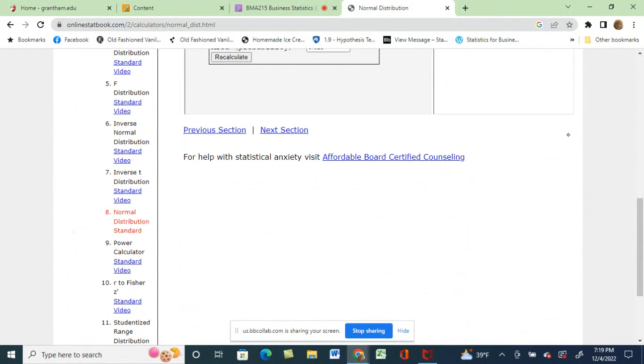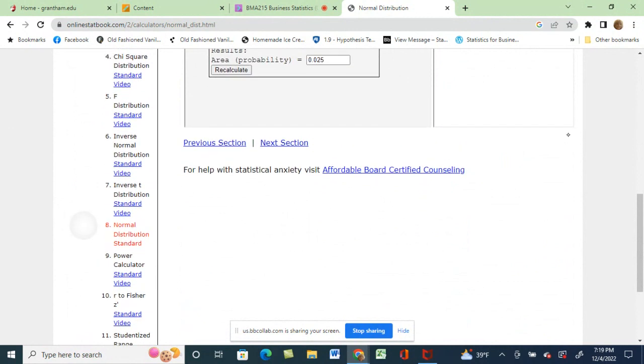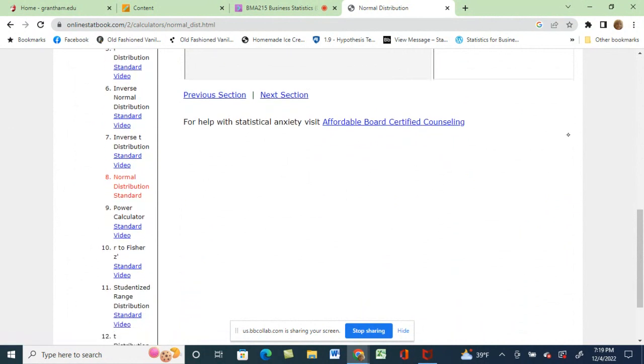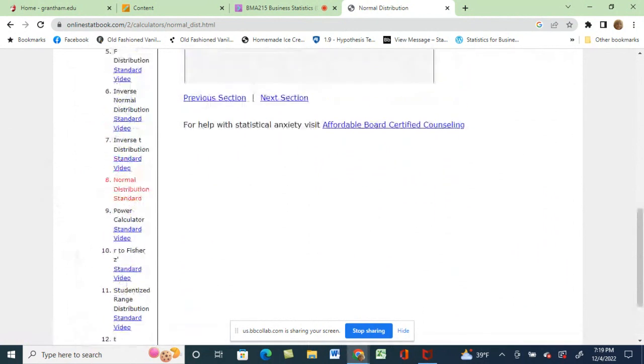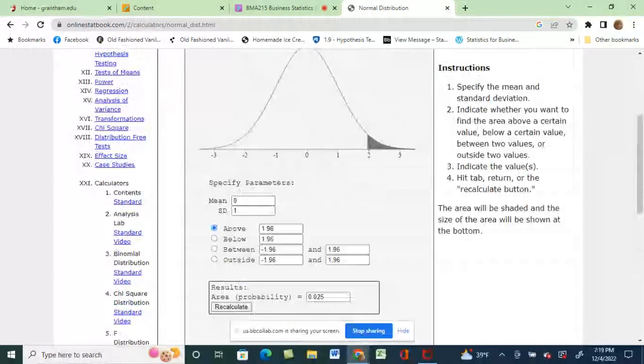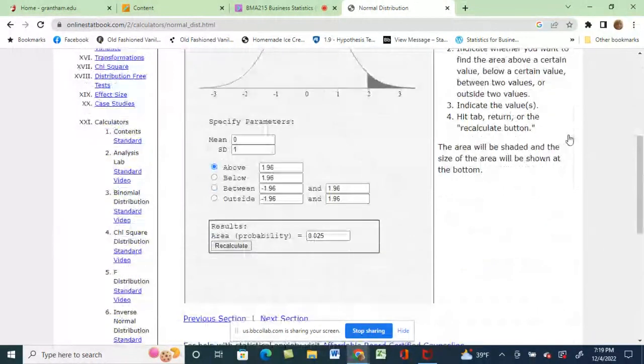Now later on, we might use, I love this calculator, so I use it a lot. Later on, we'll use maybe number 6, number 7, inverse t distribution. We'll use inverse normal distribution. We'll use number 12. So, we'll come back to this calculator. But for the normal distribution, that's number 8 over here.